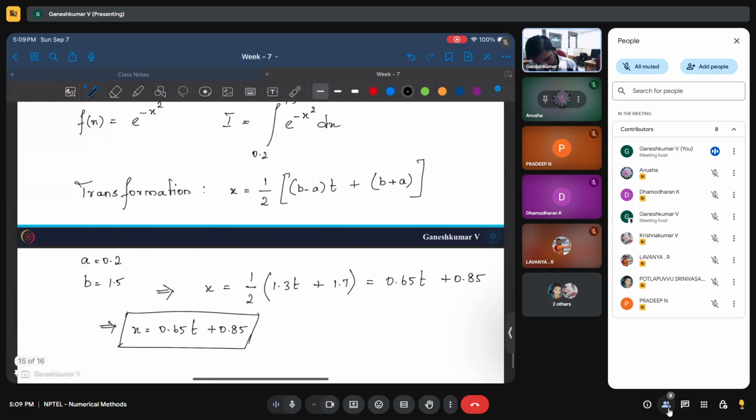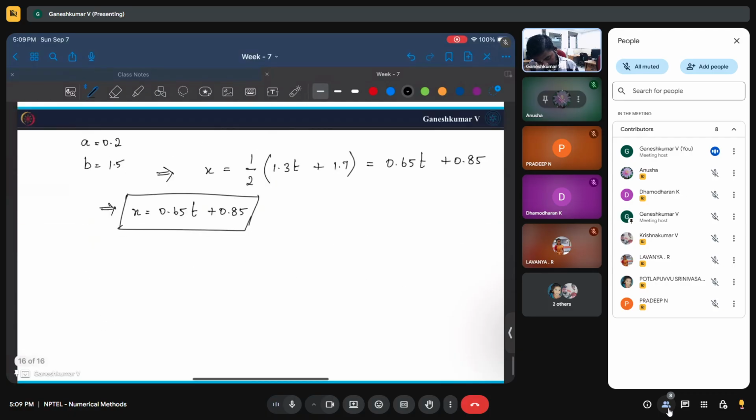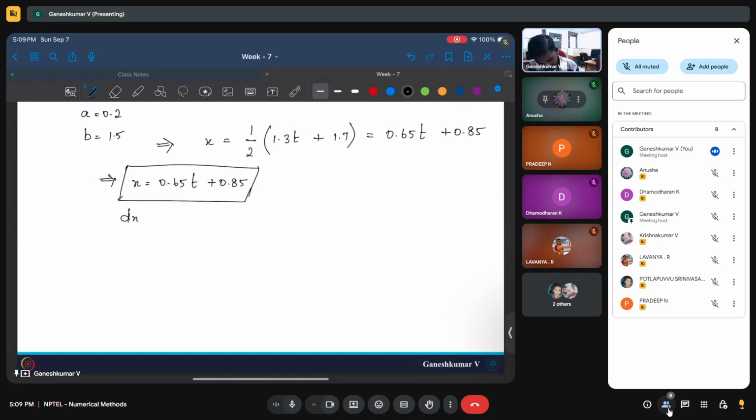Now, what is your dx? Your dx is going to be 0.65 dt. So instead of dx, you substitute 0.65 dt, and your f of x is going to be e power minus (0.65t plus 0.85) square.